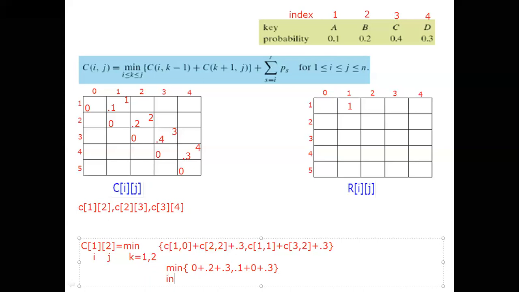Minimum of 0.5, comma, 0.1 plus 0.3. What is the value? It is 0.4. Which is the minimum value? 0.4 or 0.5? It is 0.4. That is very important. All right, 0.4.